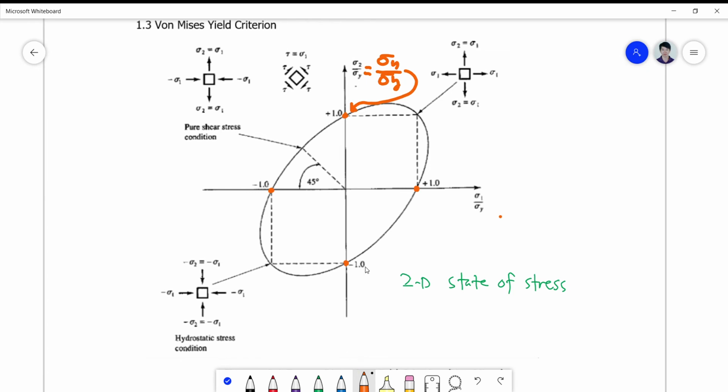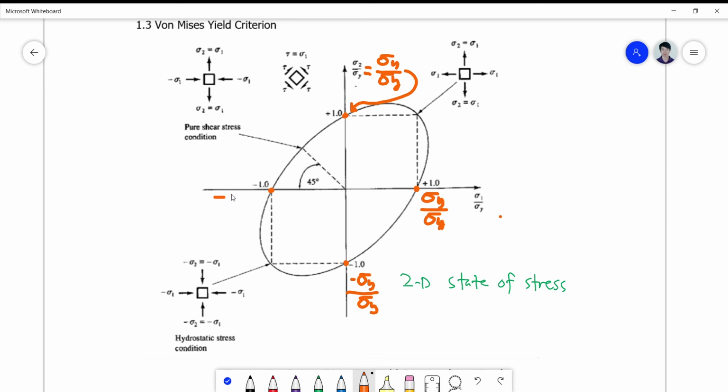So it's true at the negative y-axis, wherein your sigma 2 becomes a negative sigma y, all over sigma y becomes a negative 1. Okay, so this becomes sigma y over sigma y. And here, your sigma 1, upon reaching the state of yield, which is sigma y divided by sigma y, becomes 1.